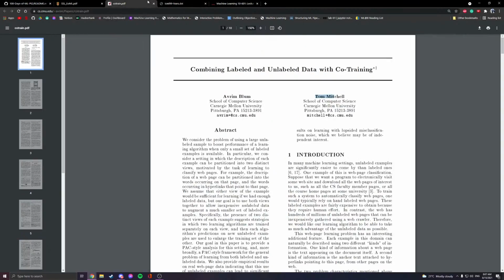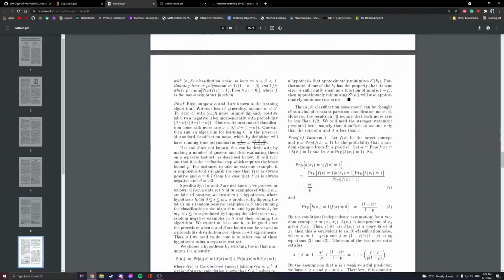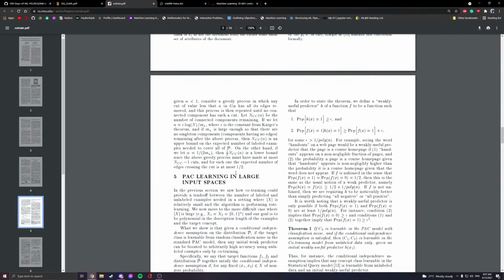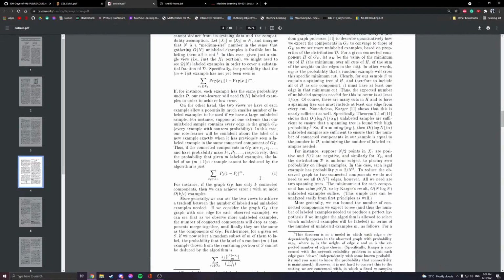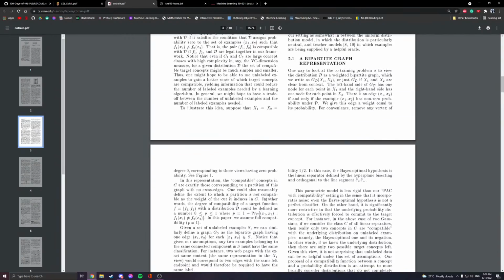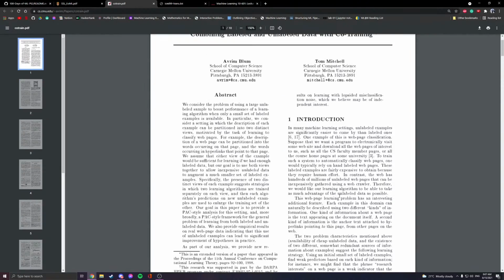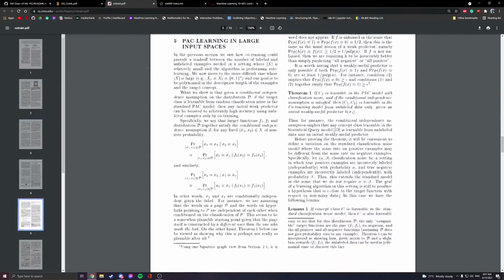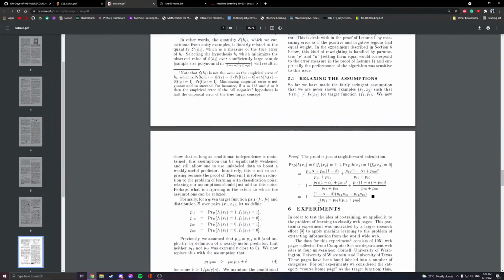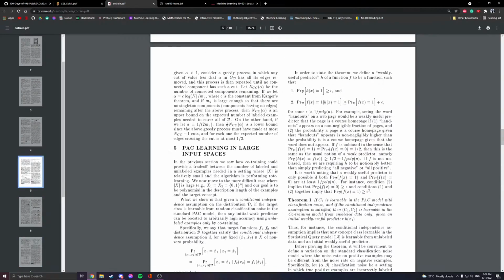That's interesting. I think I got a pretty good description of the algorithm. I wonder why this paper is so long then. PAC learning in large input spaces, graph representation. What is PAC learning?